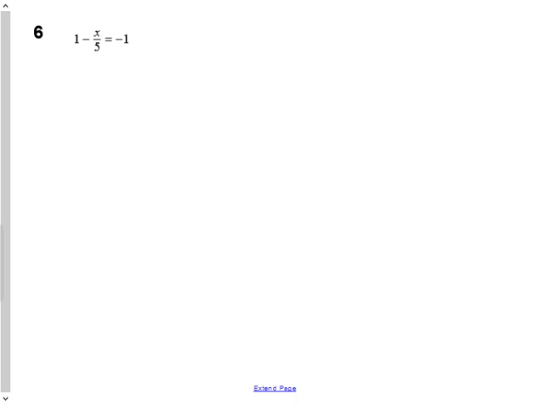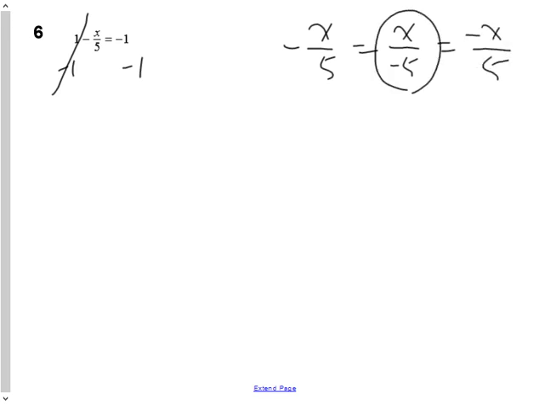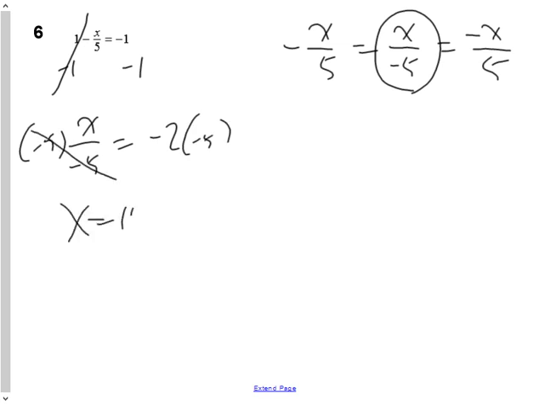Your next question. 1 is your constant. Subtract 1 from both sides. Remember, this is the same thing as this, which is the same thing as this. Easiest to choose this way, so I'm going to write my next step like this, which will allow me to multiply both sides by negative 5 to get x equals 10.